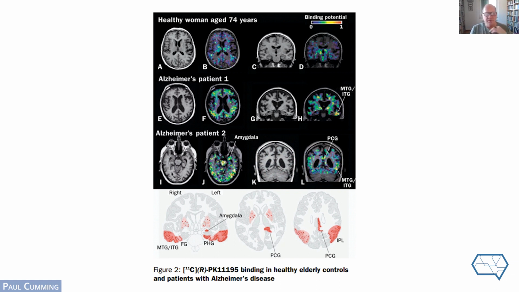And you see in the upper figure a healthy person, aged 74 years, who has very sparse microglial binding in brain. And then Alzheimer's patients have very abundant binding, showing the microgliosis that is shown schematically in the lower part of the figure, in the temporal lobe and the hippocampus, which are just the regions known to undergo the most degeneration in Alzheimer's disease. Next slide.